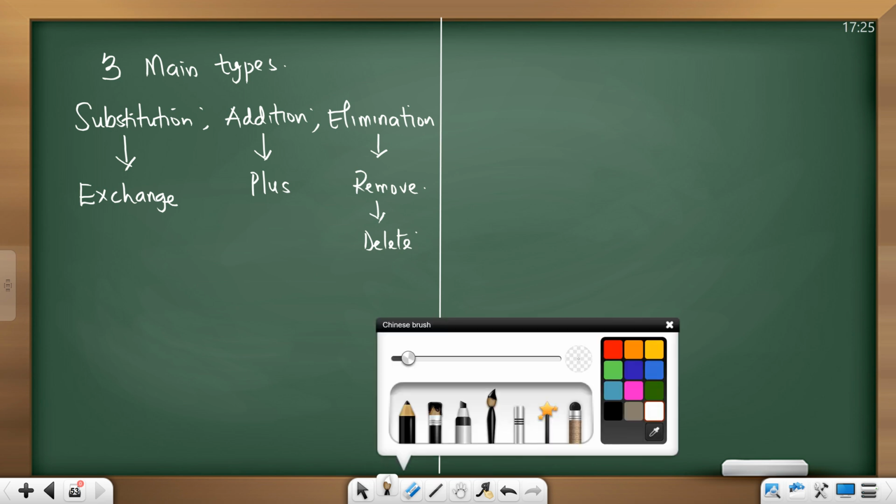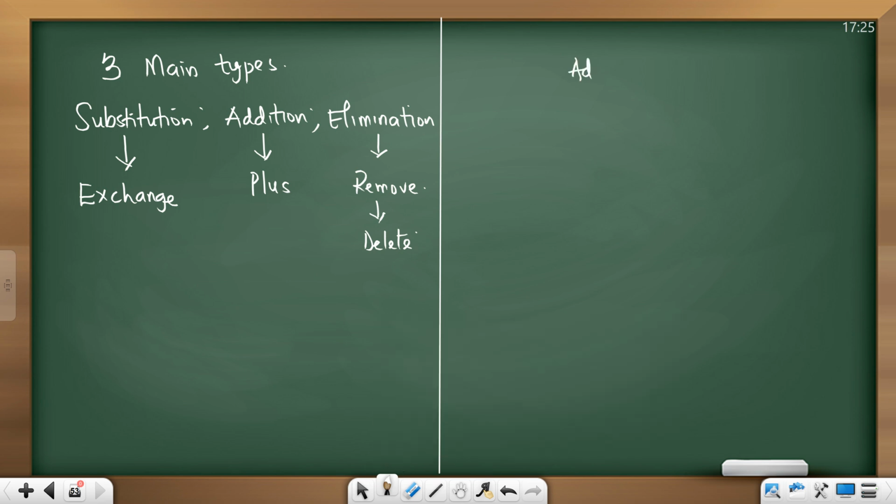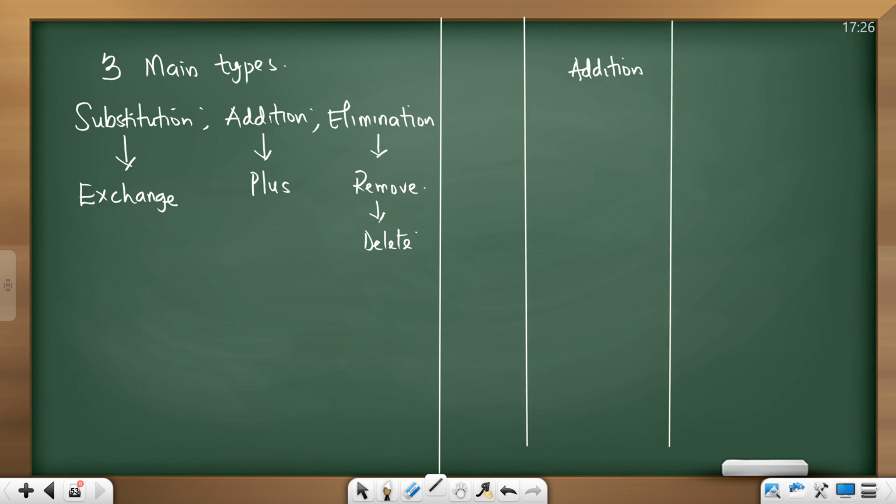Okay, so let's create a table quickly to say addition and elimination. For the elimination, I'm going to use DE. Number one, what can I add to a substance?